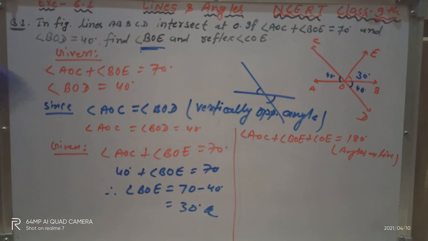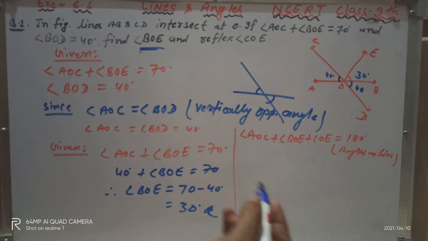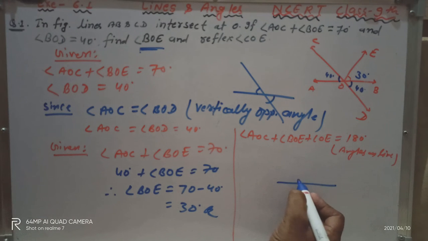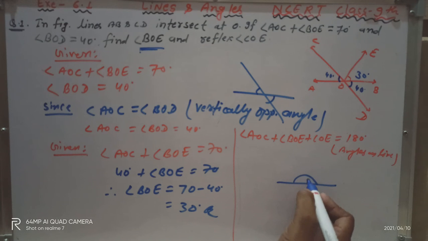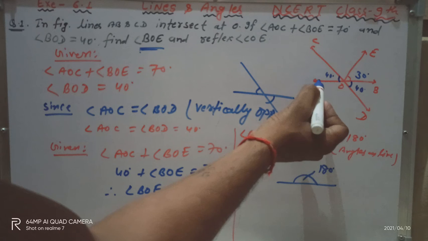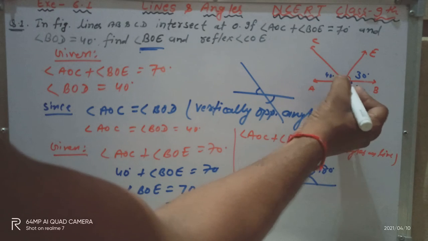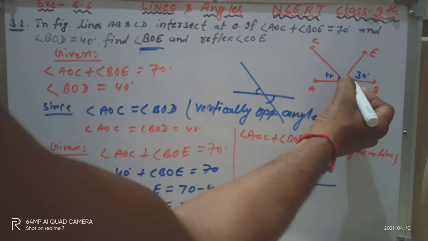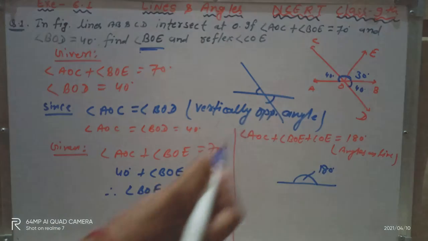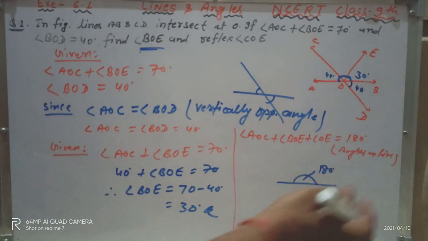On a straight line, the angles formed add up to 180 degrees. So here angle AOC, plus angle BOE, plus angle COE, all together form 180 degrees, angles on a line.